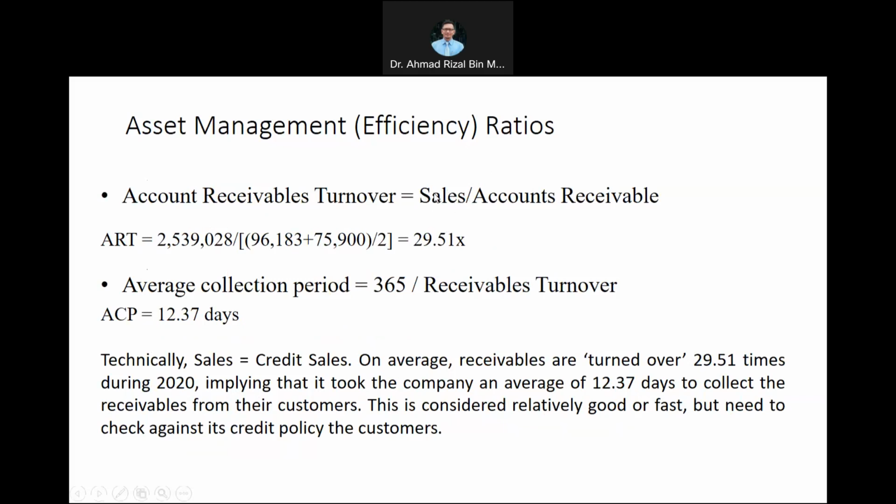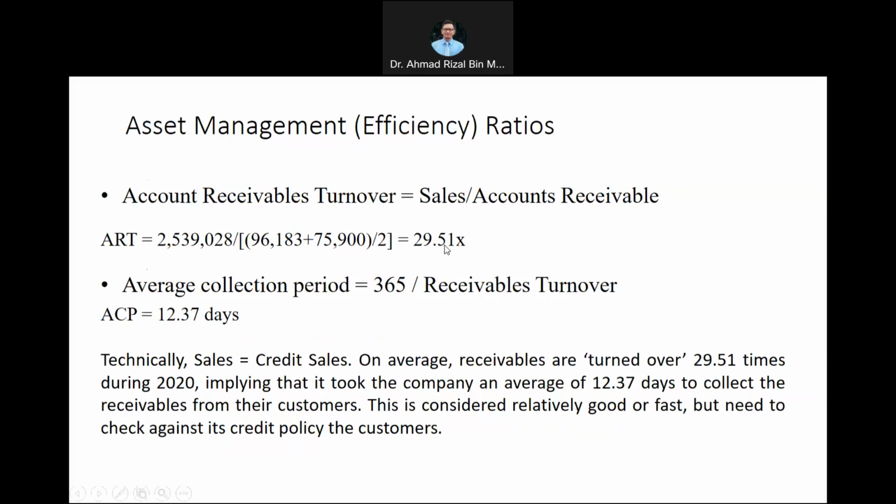But in real life, in practice, if you have the information with regard to the percentage of credit sales, then you should multiply by the proportion of credit sales first, before dividing by the average accounts receivable. In this case, the accounts receivable turnover turns out to be 29.51 times.